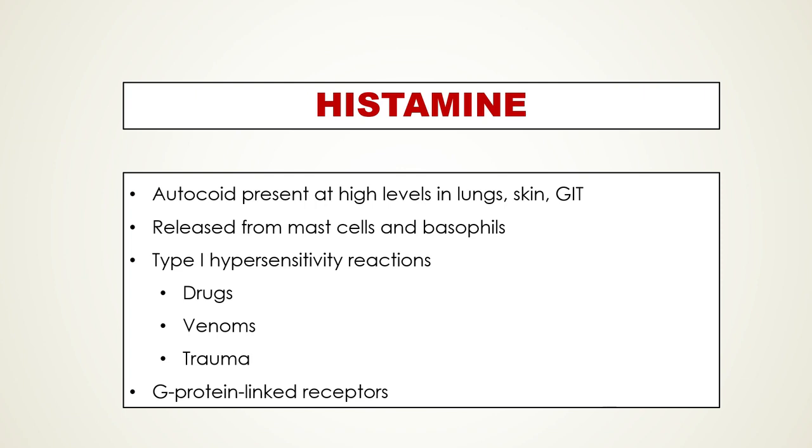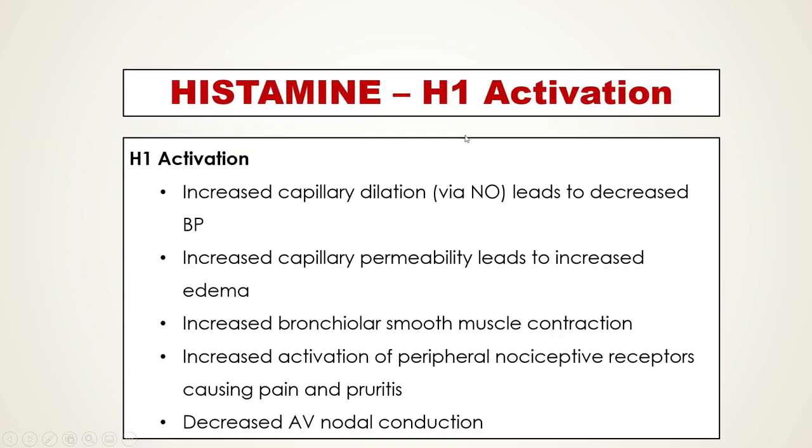And histamine works through a couple of G protein linked receptors. Most of the effects of histamine in the body are mediated by binding to histamine H1 receptors. When you think about H1 activation, you get vasodilation through the formation of nitric oxide, right?